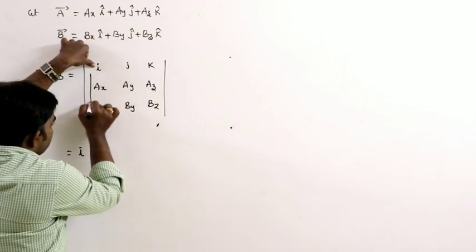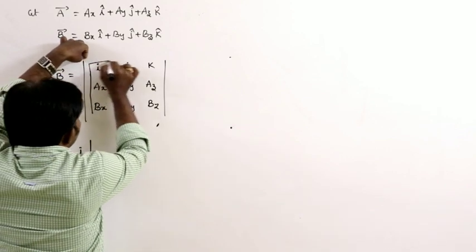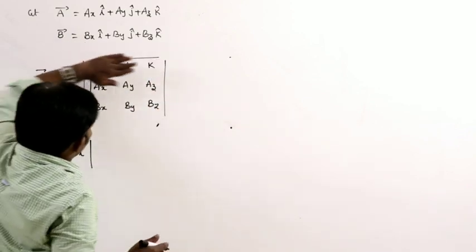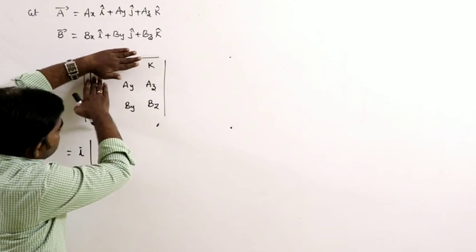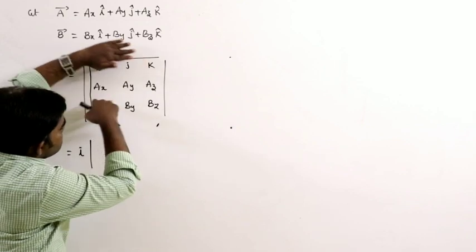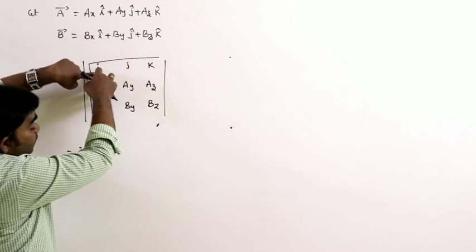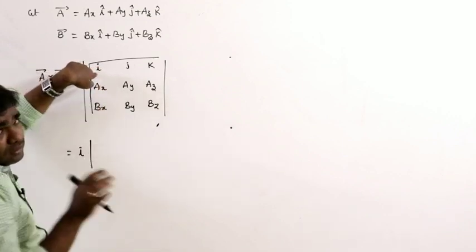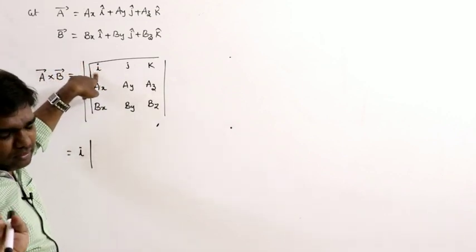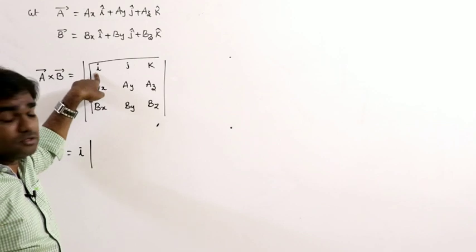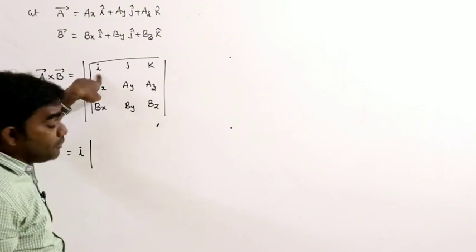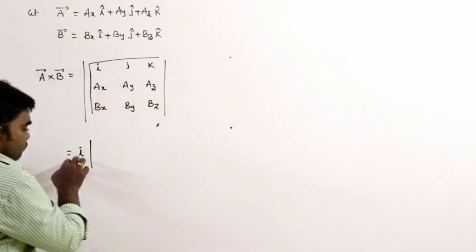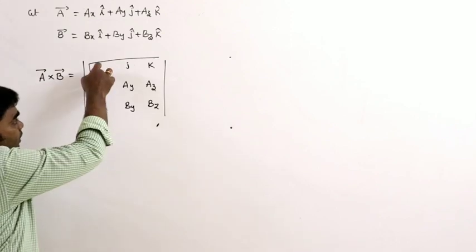For that, forget about this column and this row. What are the remaining values? To calculate the multiple of I, you have to observe this very carefully. To find out the multiple of the I component, first we write I multiple.